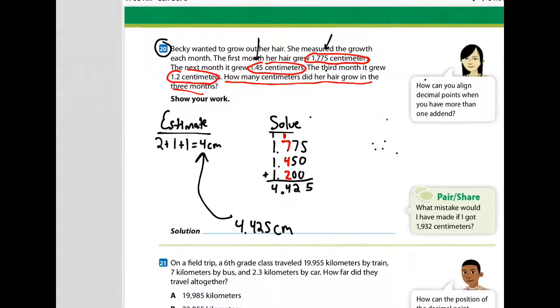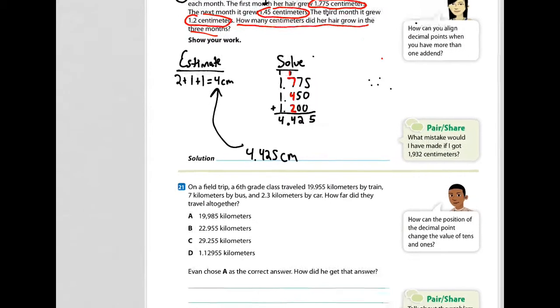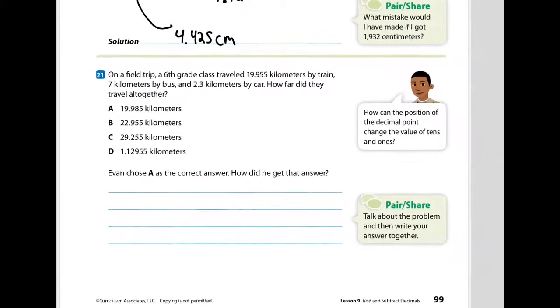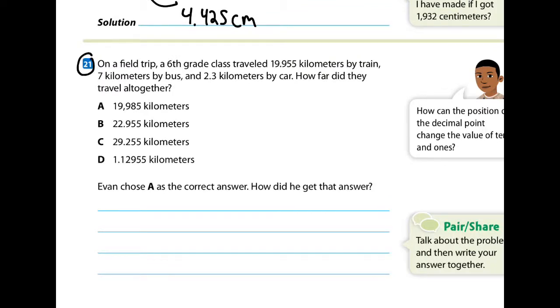All right. Remember, pause the video if you messed up. That way you can fix your mistakes and learn from it. Okay, 21. Now, here's what you're going to do. You are going to do 21. Yes, you're going to have to show your work. But I will tell you, it is possible if you estimate. If you estimate first, since it's multiple choice, you might be able to eliminate a few of the answers.